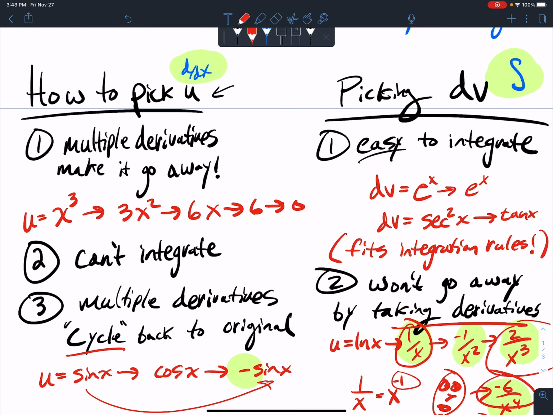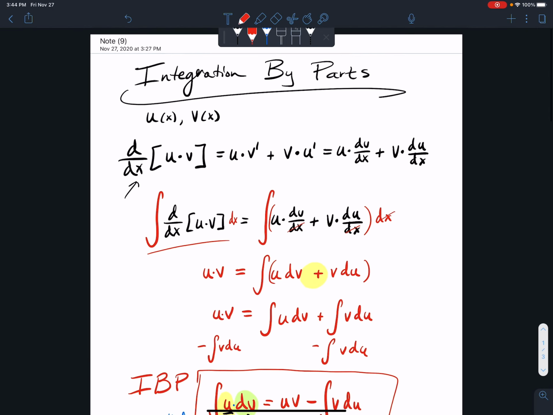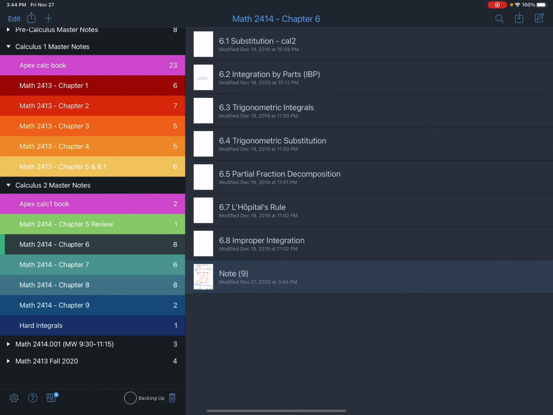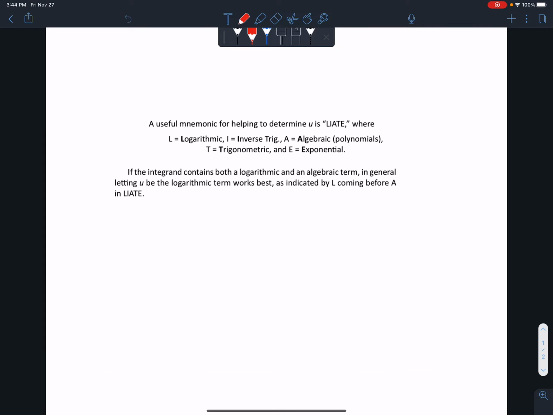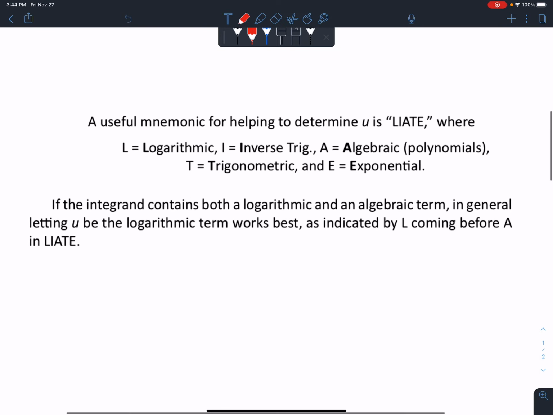All right, so that's kind of how I think about finding u's and dv's. One thing that the book did that I thought was kind of interesting, they have a little mnemonic here, okay? What they use to pick the u is LIATE, however you want to say it, right?